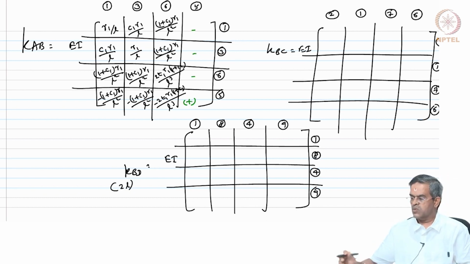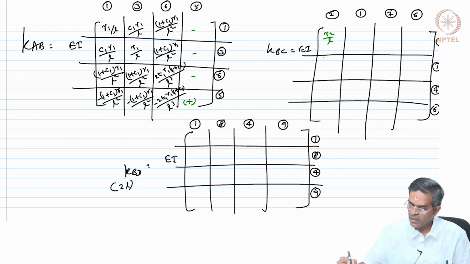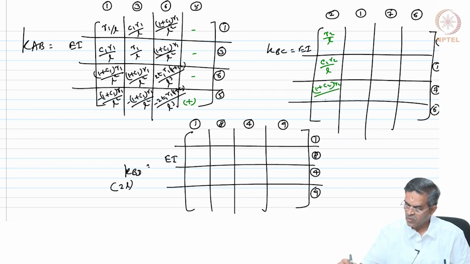Okay, let us go to member BC. So, this is going to be R2 by L, C2 R2 by L, 1 plus C2 R2 by L square. So, C2 R2 by L, R2 by L, 1 plus C2 R2 by L square.